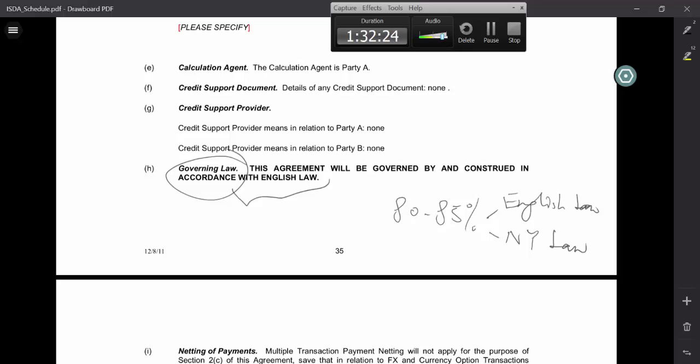One day they got into a dispute and they decided to go to court. They will take the case and go to court in England and have their case heard in England by an English court. And then whatever that court decides, okay, you, Cathay Pacific, you're wrong. So you pay damage to Bank of Tokyo Mitsubishi, they have to pay.